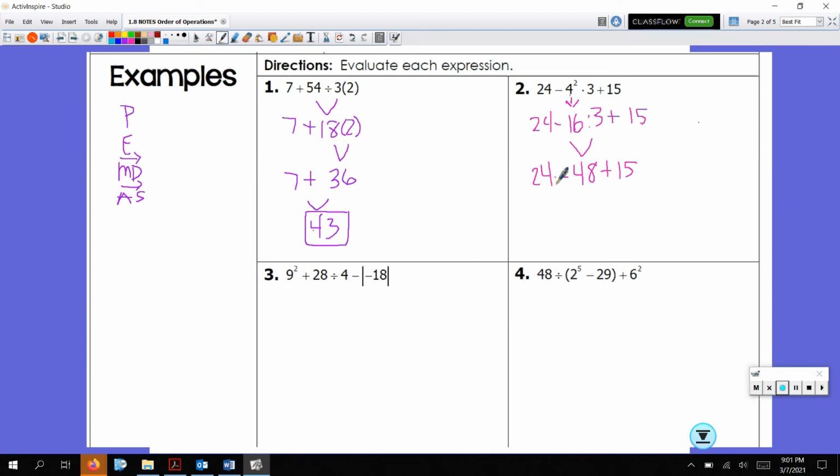Now, I have subtraction and addition. They are equal in order. Whoever comes first, left to right. 24 minus 48 comes first. That's negative 24. Plus 15. Negative 24 plus 15 gives me negative 9.